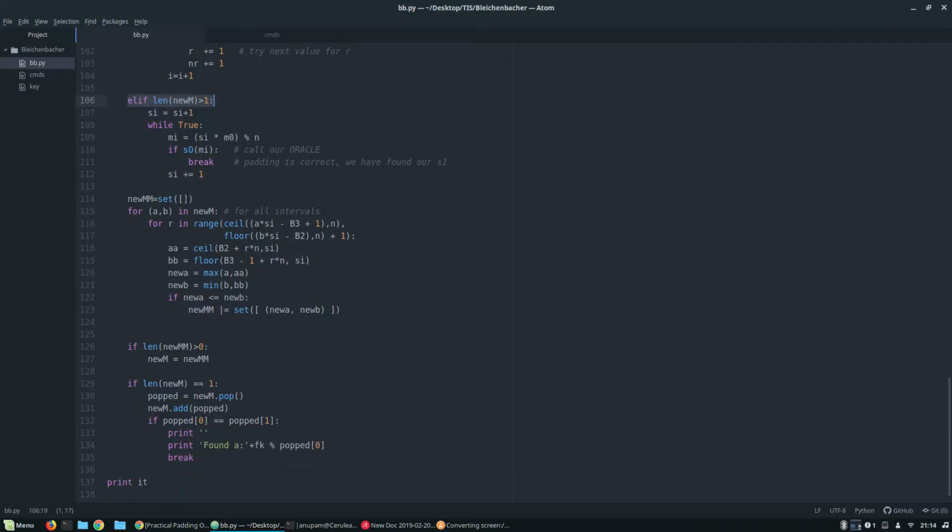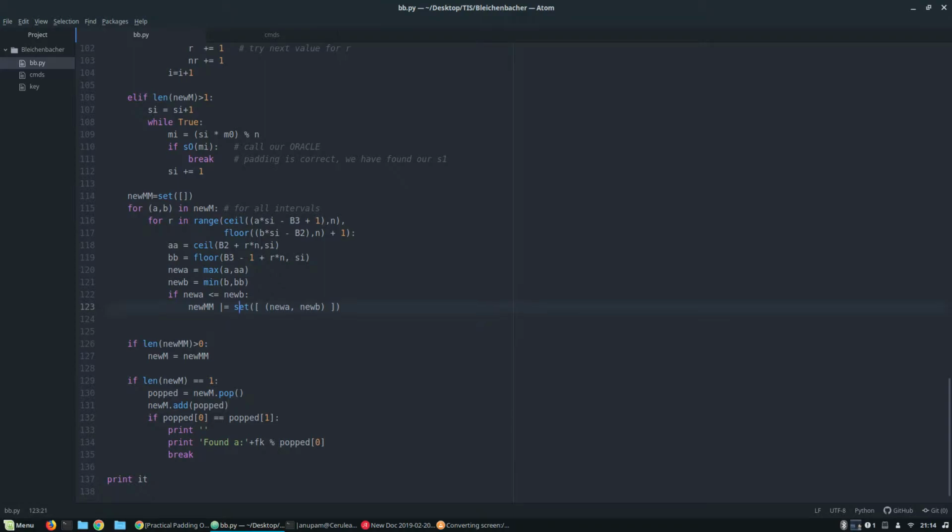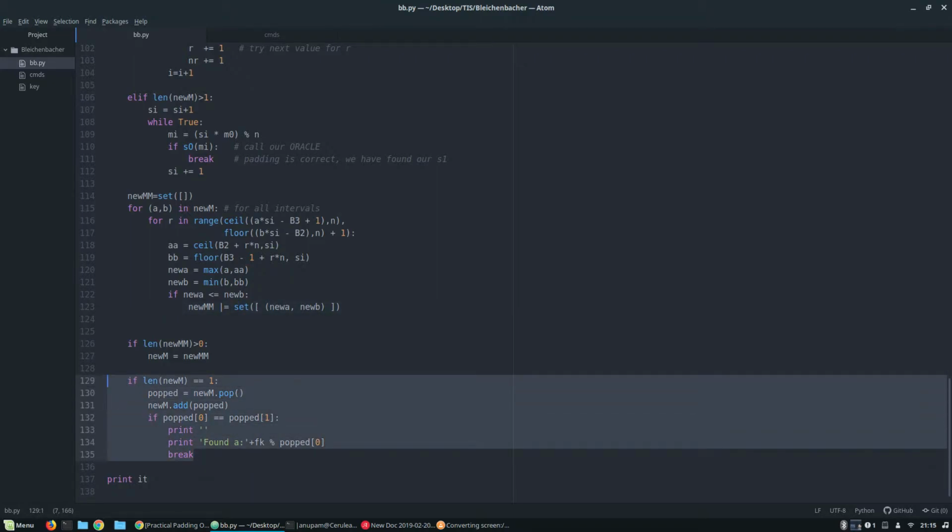If our number of intervals is greater than 1, then we check each of those intervals, and we substitute for si using our initial range, and we find all the intervals that lie between 2b and 3b, and just like that we find all the intervals for m0.